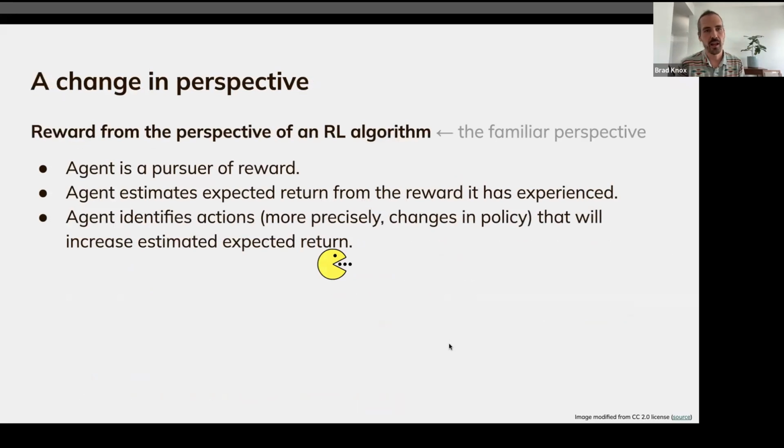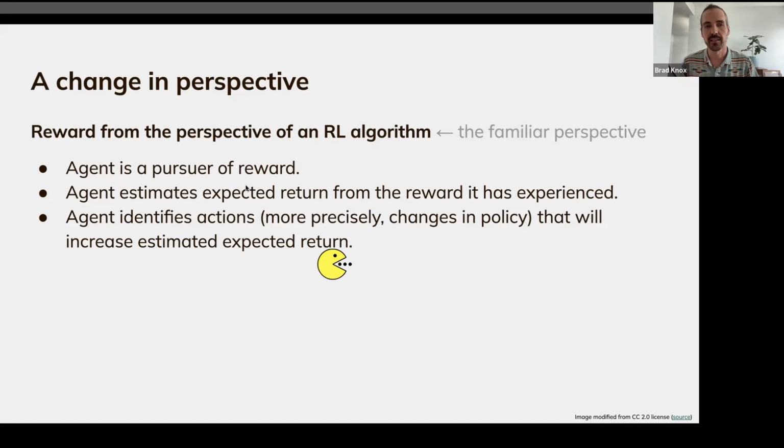Okay, another point I'd like to make is that designing an aligned RL objective requires a change in perspective, or at least it's helped by a change in perspective. The familiar perspective is that of an RL algorithm, where there's an agent and a learning algorithm.